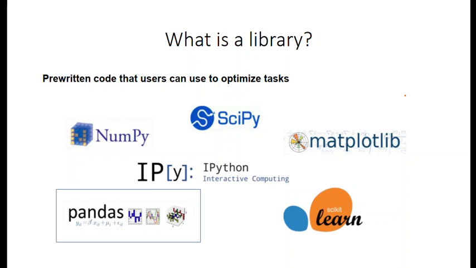We have the matplot library, which is a library used for creating plots and different data visualizations. Scikit-learn library, which is a library used for creating statistical analysis models and machine learning models. The Pandas library is used for data analysis, as we mentioned. So as you can see, we have so many libraries we can tap into.